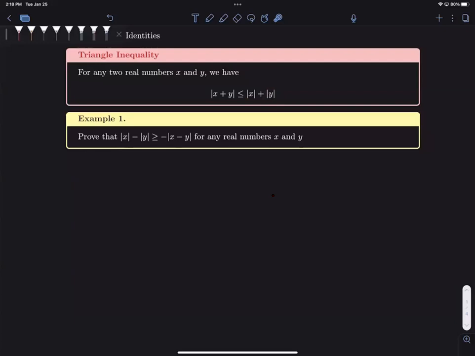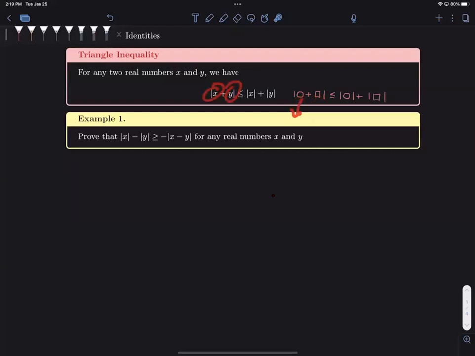So my way of thinking about it is they're just anything. I usually write it as the absolute value of circle plus square is less than or equal to the absolute value of circle plus the absolute value of square. So remember, they can be anything. They don't necessarily need to be x and y.